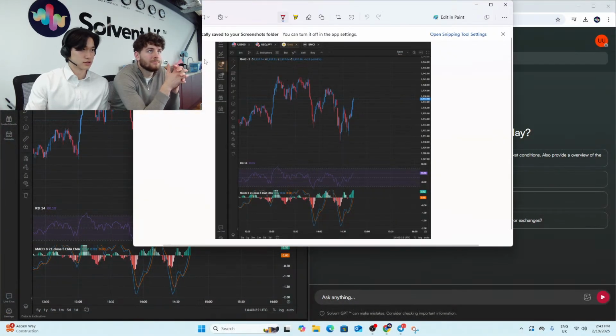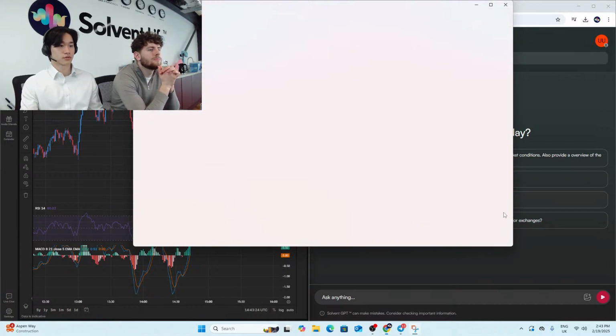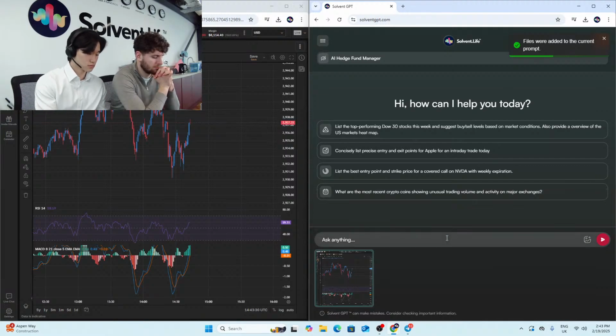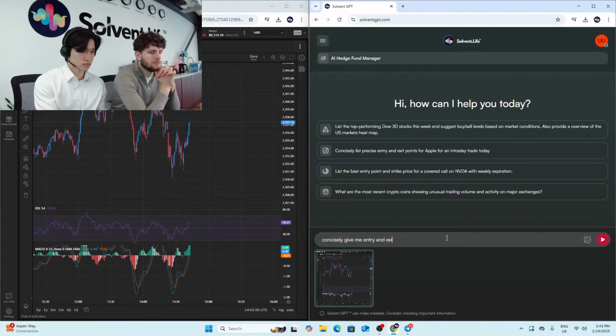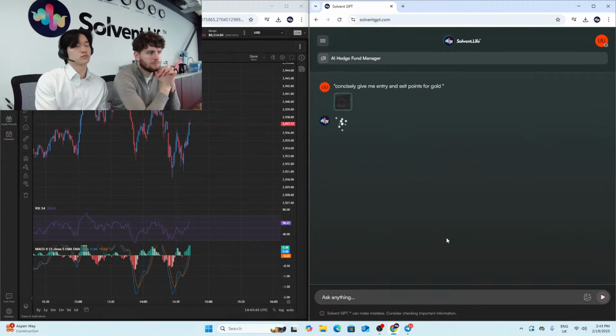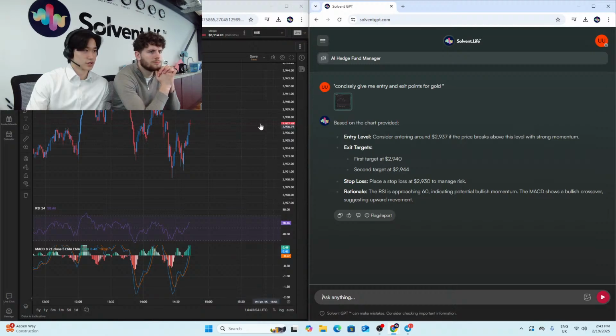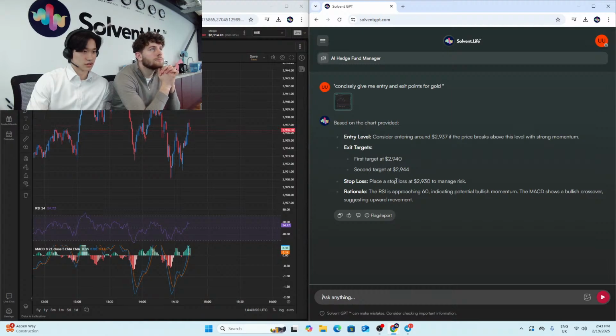My colleague says good opportunity for a short here. Okay, we should enter at 2937 where we are now. First target at 2940. So, second target, okay.